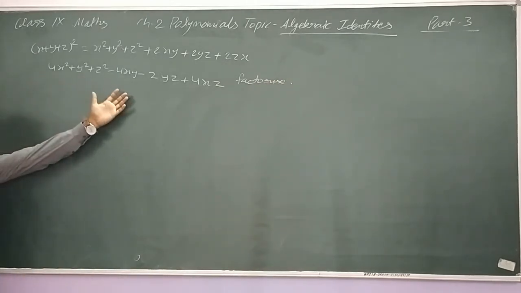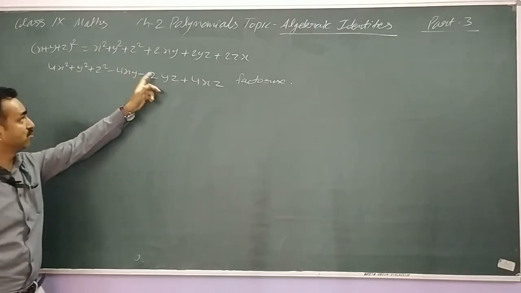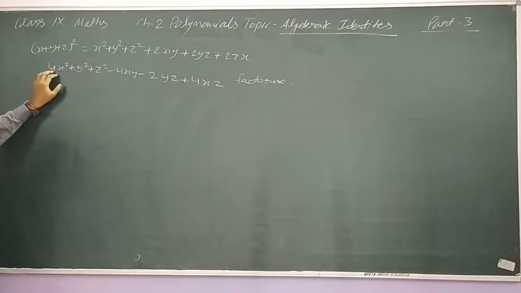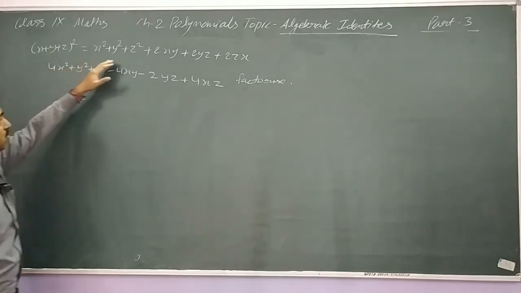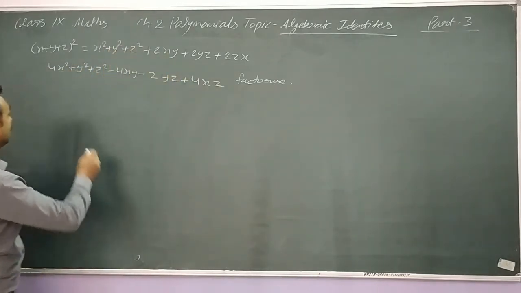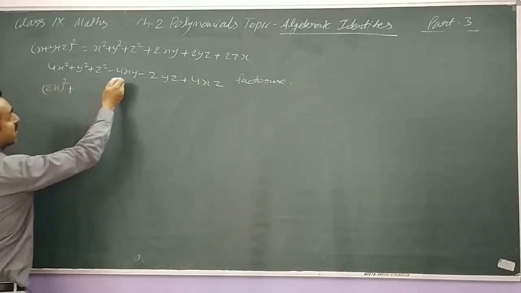So first we observe this one. Here are three variables in square form, and there are 2xy-type terms. So first of all we have to change this into the identity form. So x square means (2x) whole square, plus y square.